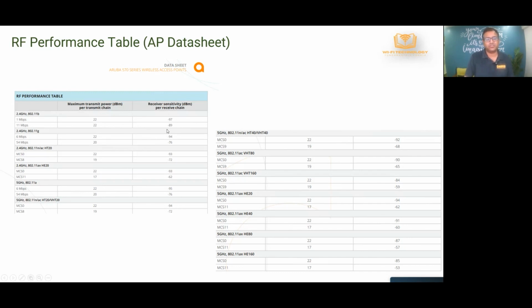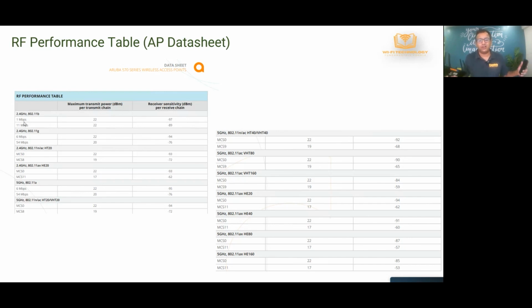When the transmitter, let's say the phone, is transmitting at a certain modulation rate, 1 Mbps, let's say that corresponds to BPSK, then this receiver on the access point can successfully receive that information all the way down to -97 dBm RSSI. So at very low RSSI also, it can recover that information. That's what this table is saying, right?